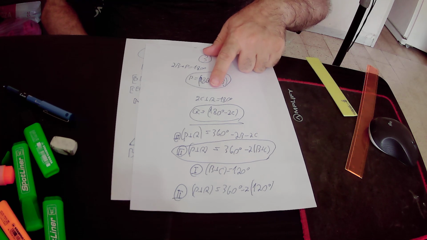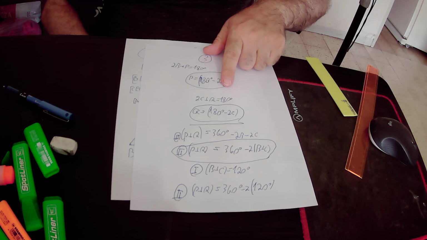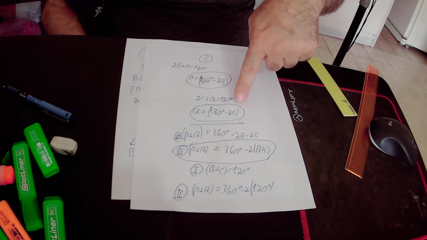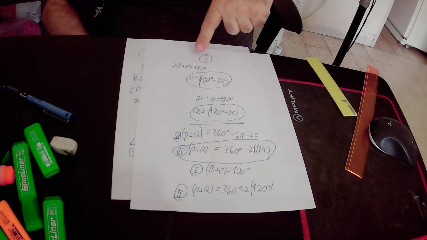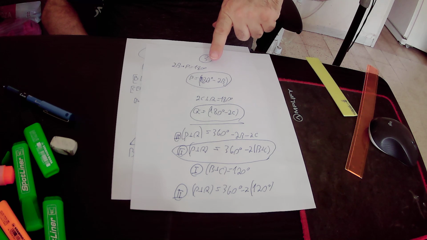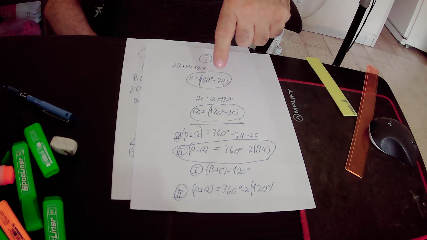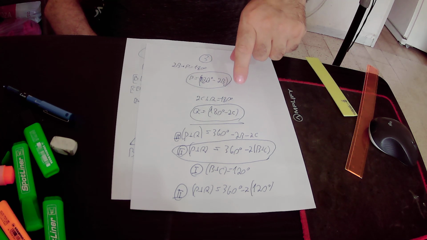Here we subtracted 2C from this equality, and we got that the value of angle Q equals 180 degrees minus 2C, while the value of angle P equals 180 degrees minus 2B. Then we added together P and Q. We actually added together these two equalities.